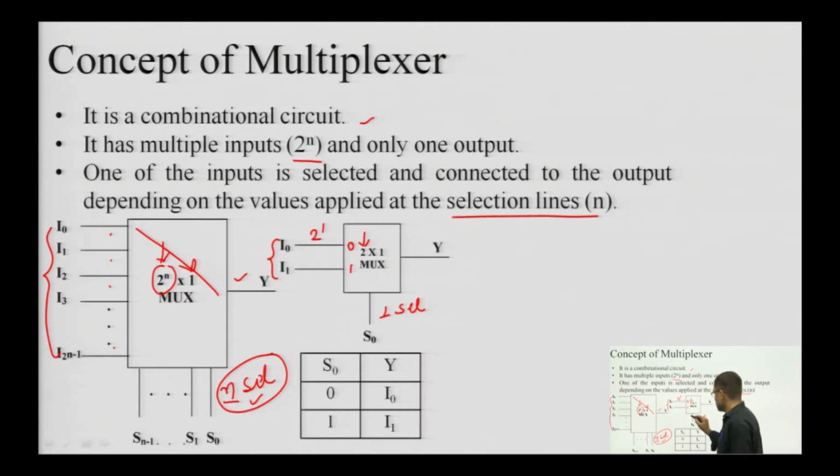If you apply 0 here, then I naught will be connected to the output. As you can see from the truth table, if S naught is equal to 0, then Y will be equal to I naught. Similarly, if S naught is equal to 1, then I 1 will be connected to Y. So, this is the concept of the smallest possible multiplexer, that is the 2 cross 1 multiplexer.